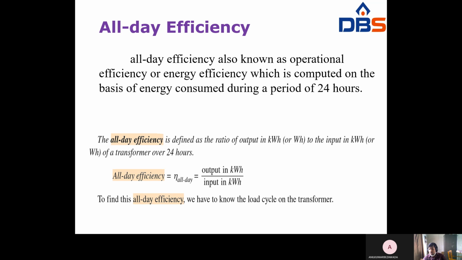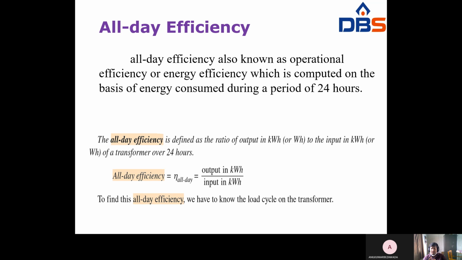Output kilowatt and input kilowatt are multiplied by the hours in a day, giving kilowatt hour. So it gives the energy consumption of a single phase transformer during a period of 24 hours.